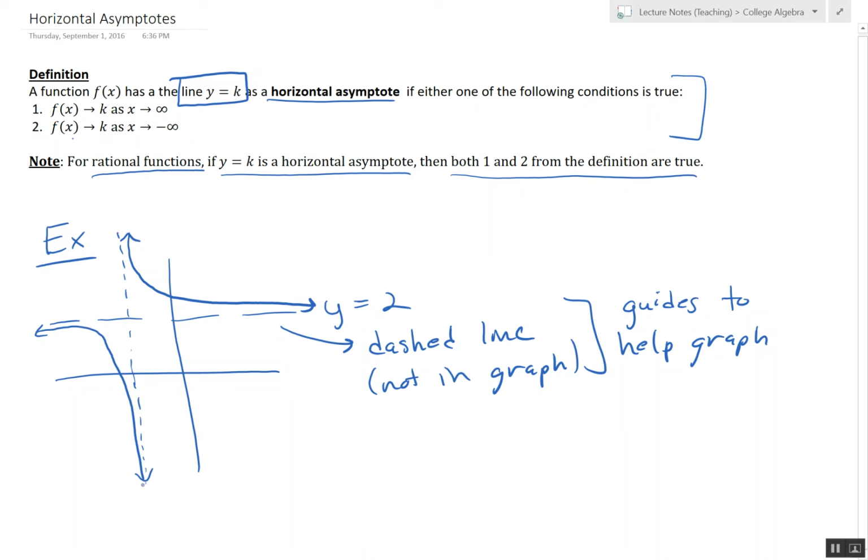Notice how the curve basically follows along the asymptotes here. This one got really snug up tight against the vertical one. This one gets snug up tight against the vertical one. But notice that they never actually touch it. But like I said, only one of these conditions has to be true.